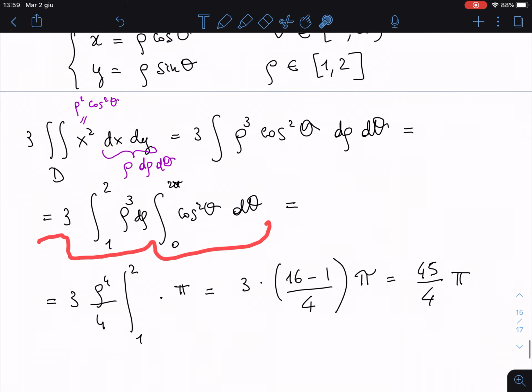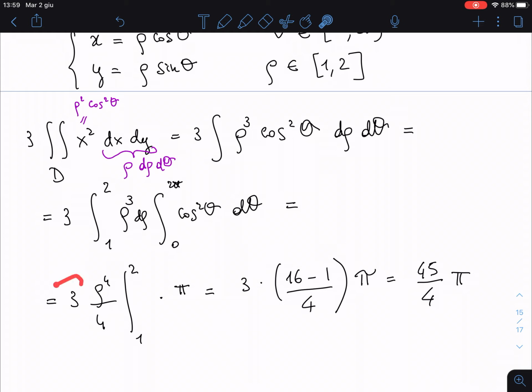And this is a very easy two-dimensional integral because it factorizes. You see, in the bounds of the internal integral there is no reference to the external variable. So it is just the factorization of two integrals.